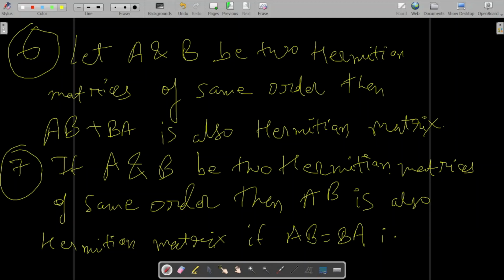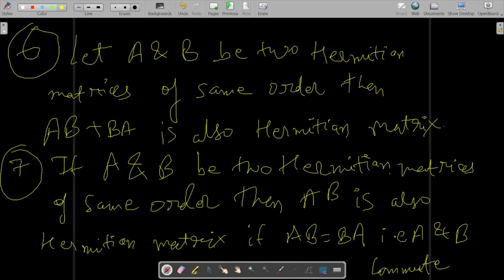AB equal to BA is called the commutative property. So if A and B are Hermitian matrices of same order and they commute, AB will also be Hermitian.